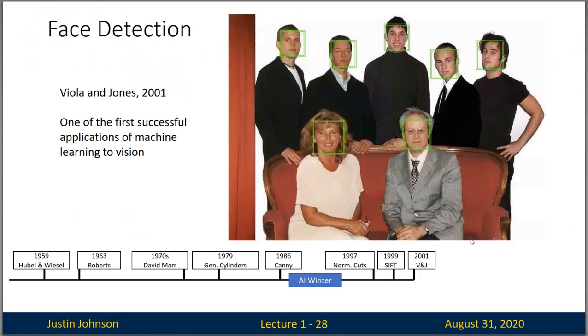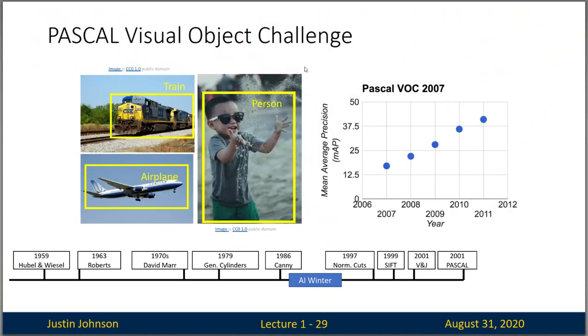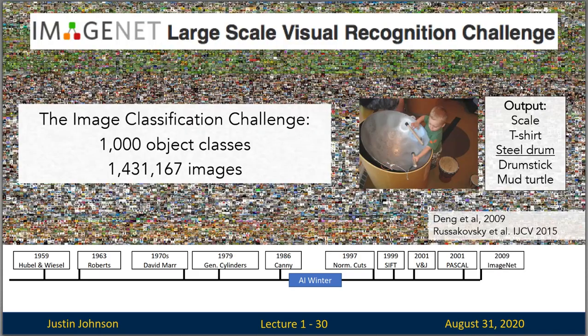One of these first data sets, like this Pascal data set, quickly proved to be too simple for computer vision algorithms, and soon after that, in 2009, this famous data set called ImageNet, and also the challenge related to it, was released.